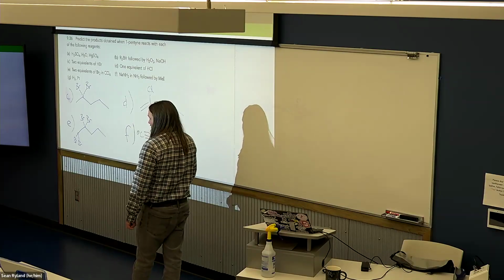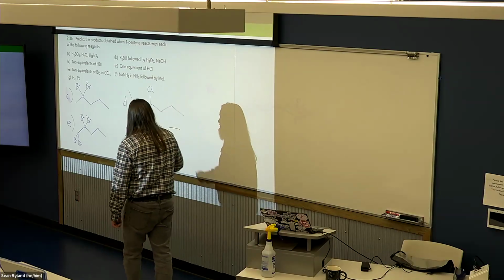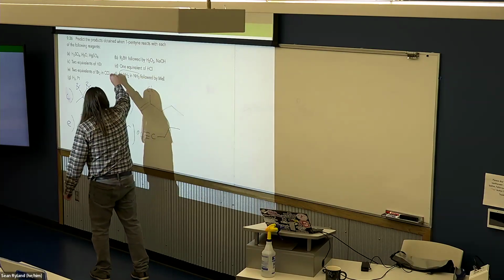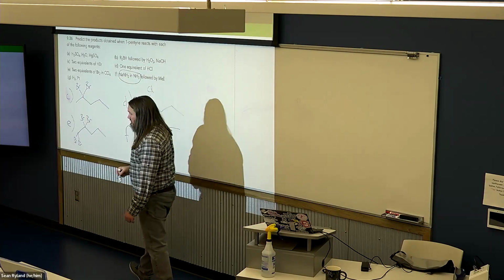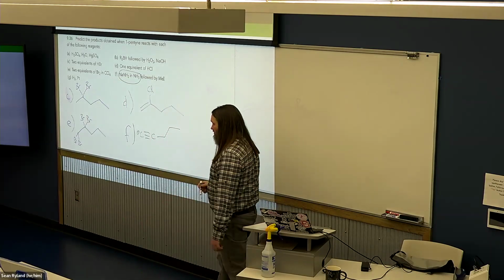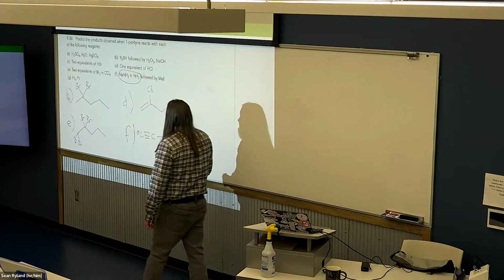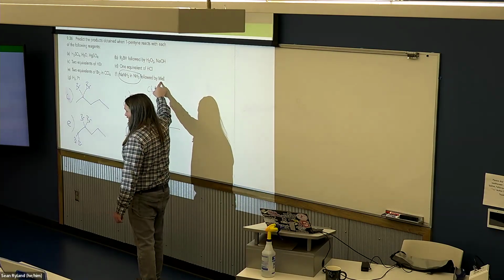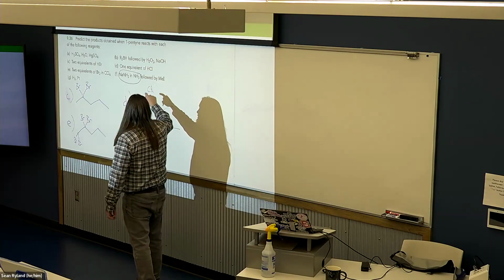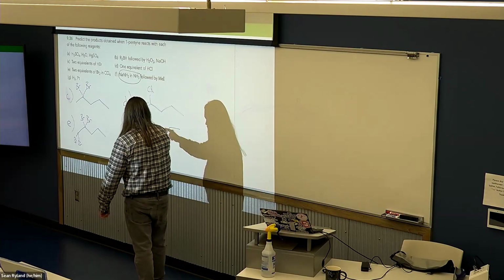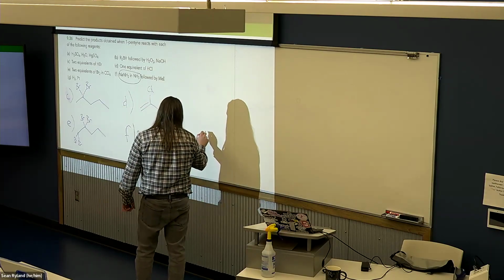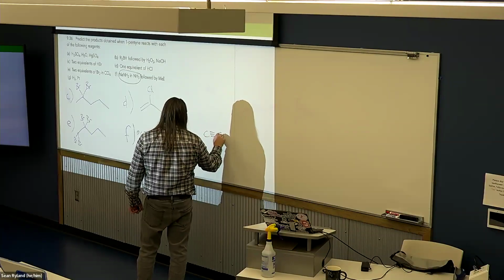So start by making this first step: just deprotonate the terminal alkyne, which now is a nucleophile, and we let it react with methyl iodide. You can still draw it the same.